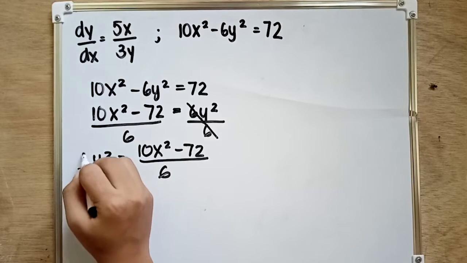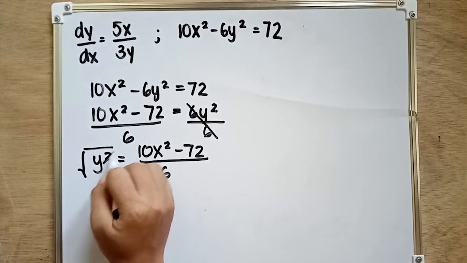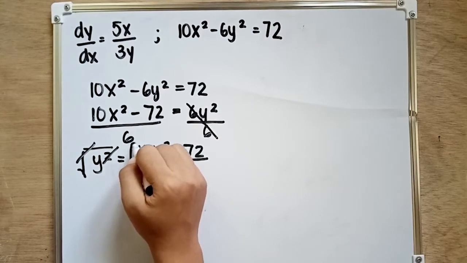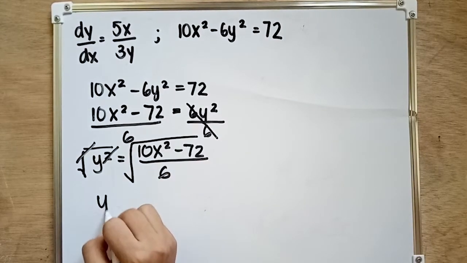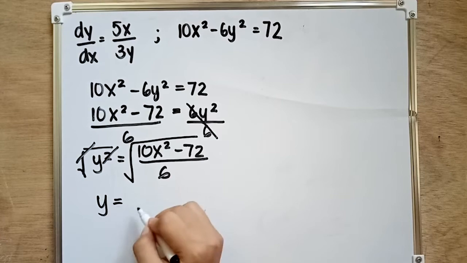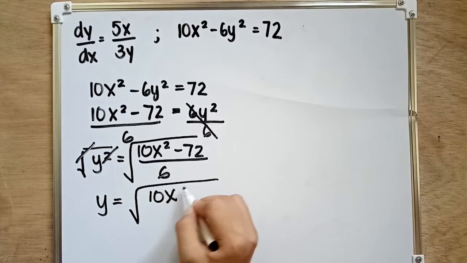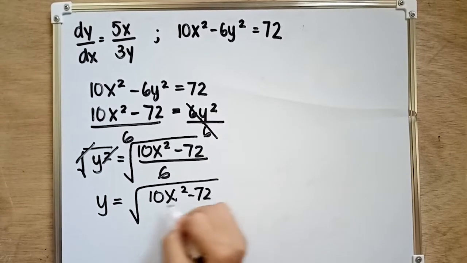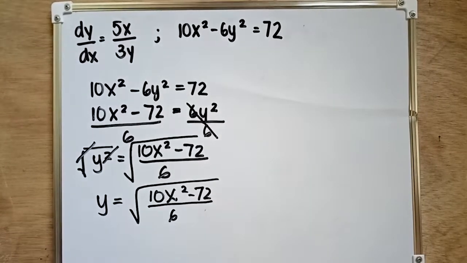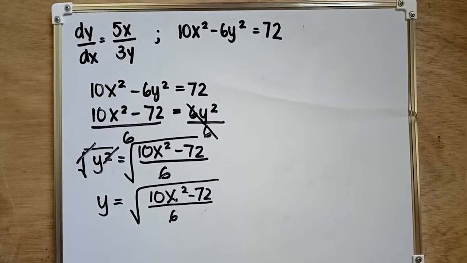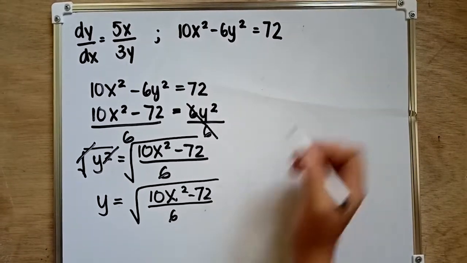Take the square root of y squared para makancel ang 2. Then, the equation of y is square root of 10x squared minus 72 over 6. Kapag nakuha na natin ang equation ng y, kukunin na naman natin ang first derivative nito.